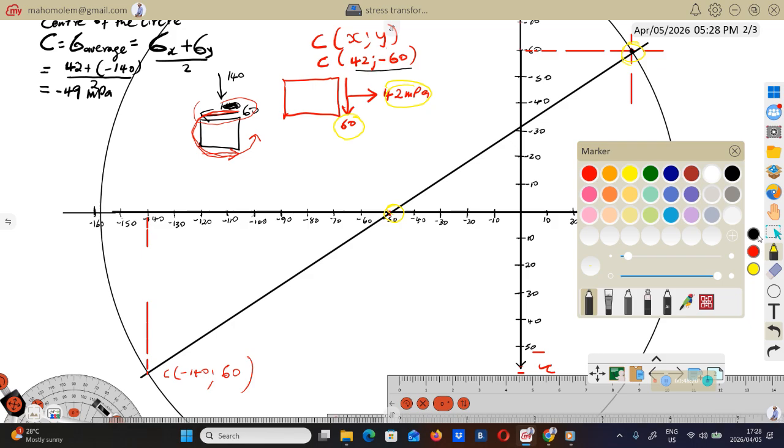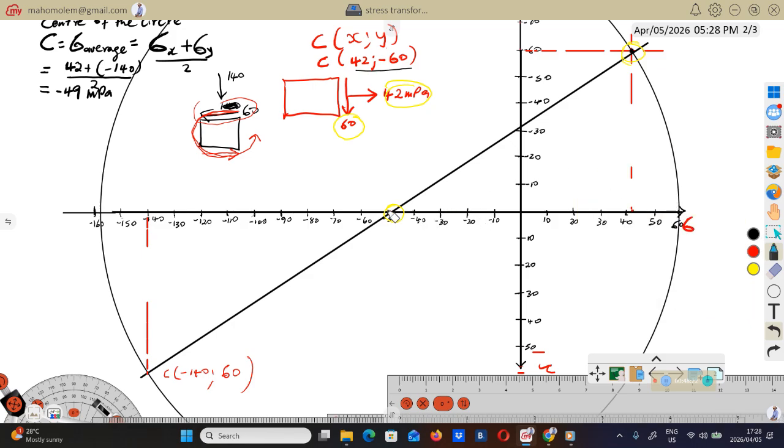So that's why from here to there, we can say it represents the x face. So now we're going to take this x face, or this line, our reference being the x face.